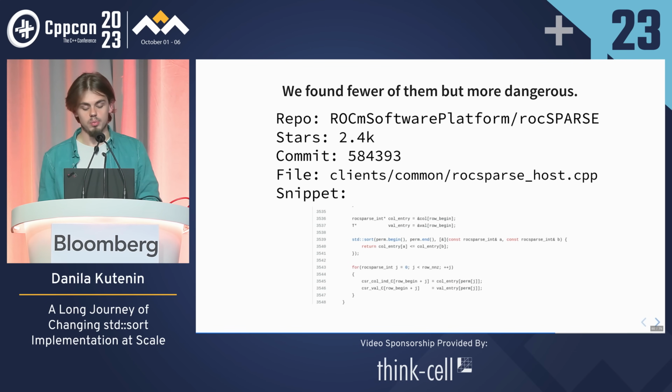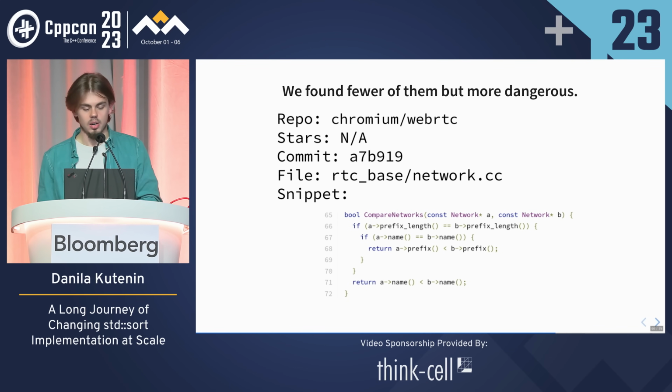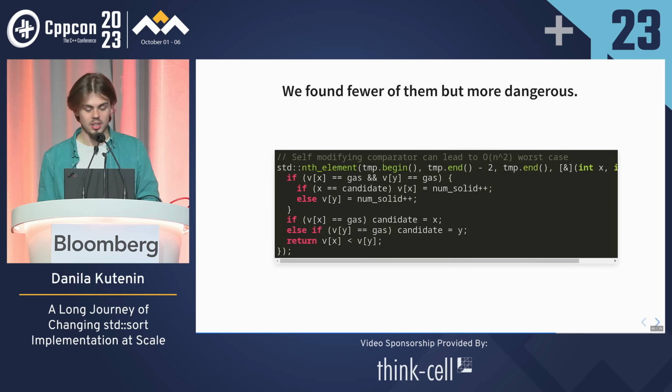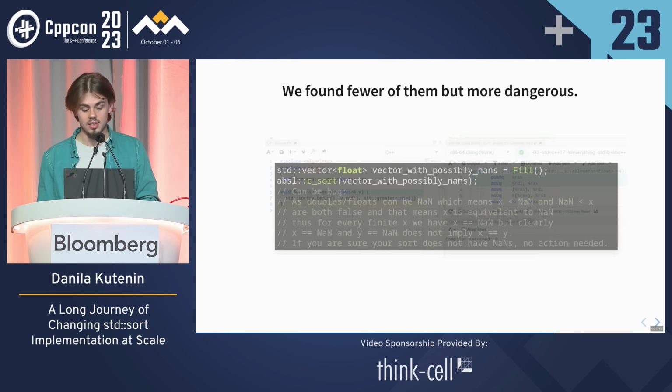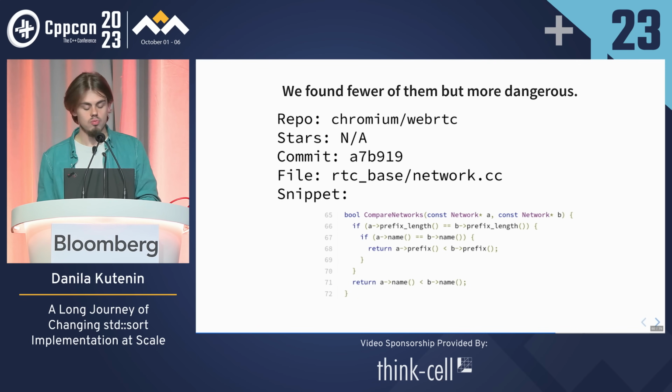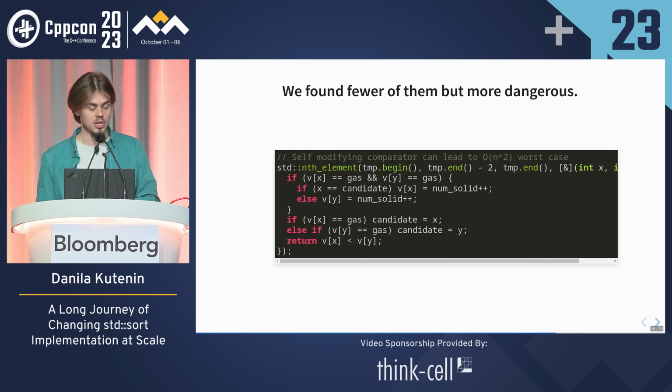Another repository which just returns something less than or equal for some reason, I don't know. Chromium WebRTC, also a very interesting bug. You can exploit it, but it already has been fixed. As you can see, I could give more examples here, but I don't have much time.